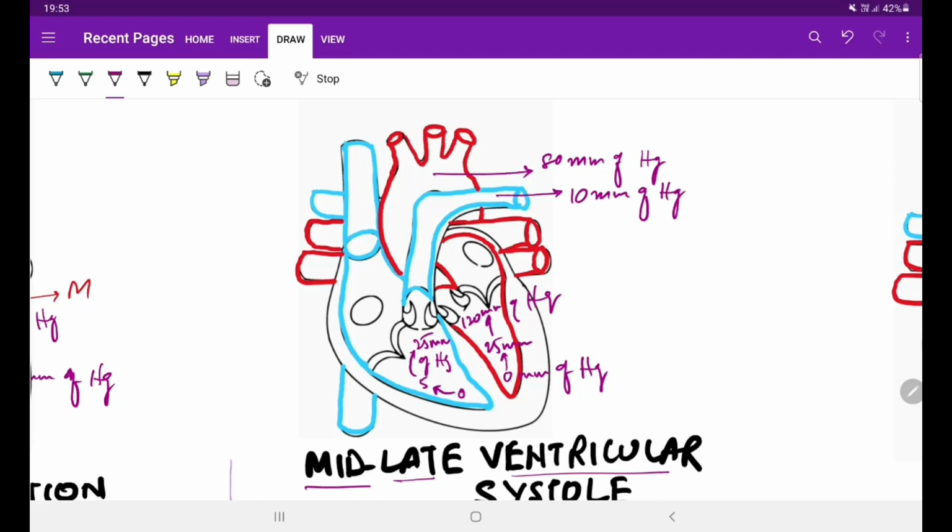So, there is a huge difference between the pressures of the arteries and the ventricles, whereas the atria are still relaxed, at almost 0 mm of mercury pressure. Now, let us tabulate our observations as we have done earlier.